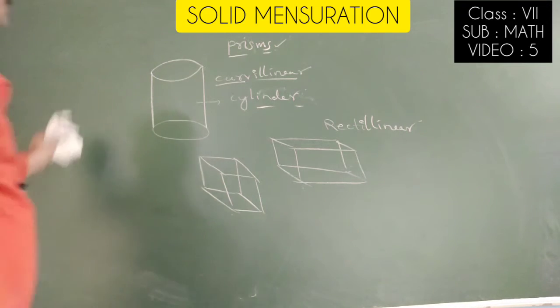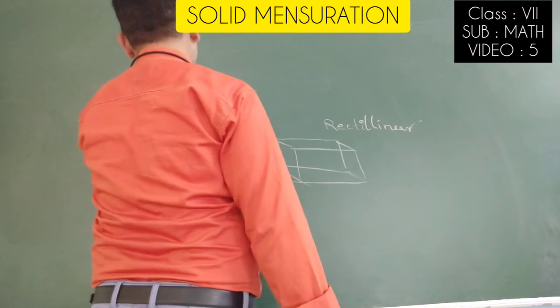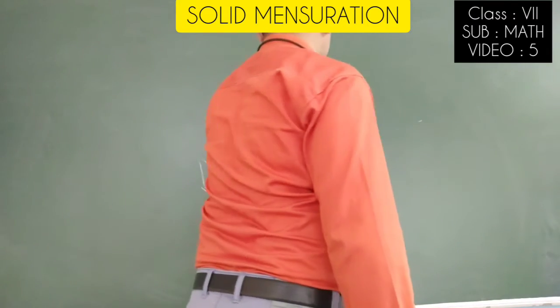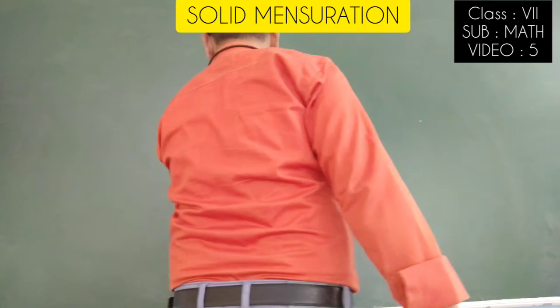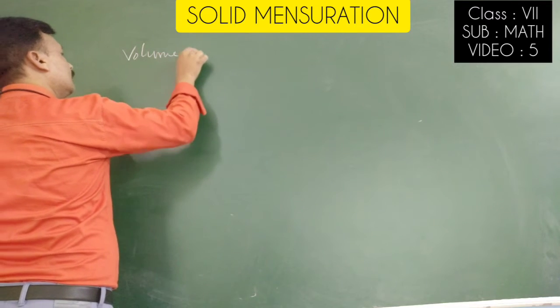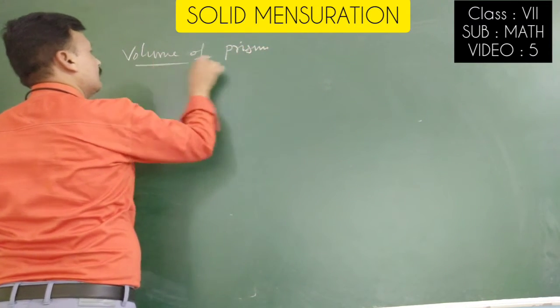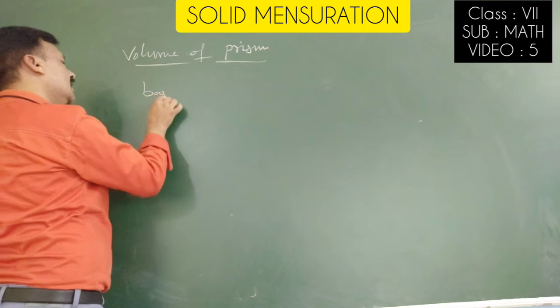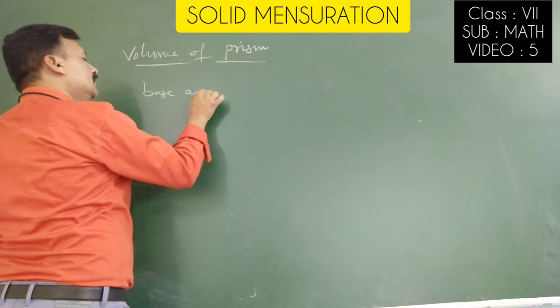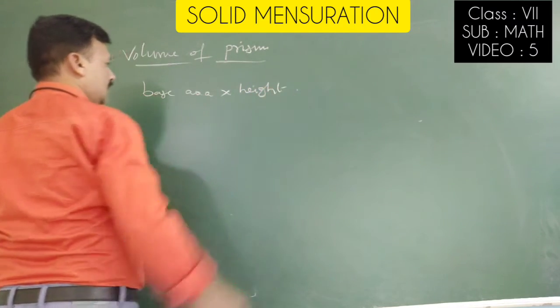What is the volume of a prism? The volume of a prism is base area into height.